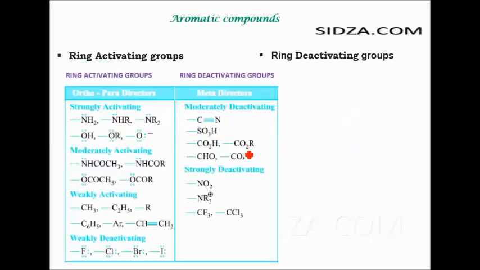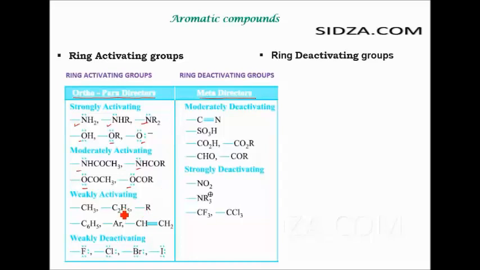Let me write down here certain groups which are ortho-para directing groups and meta directing groups. These are the ortho-para directing groups here, and this is a meta directing group. What we find is that the NH2 group has a lone pair, and all these groups have lone pairs.